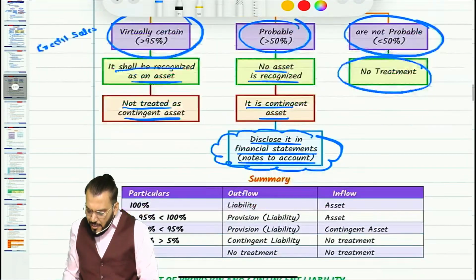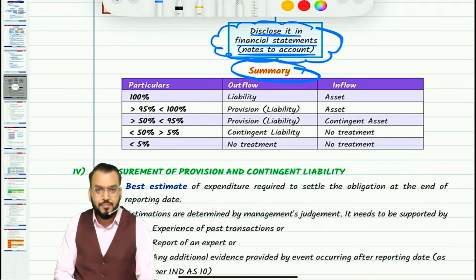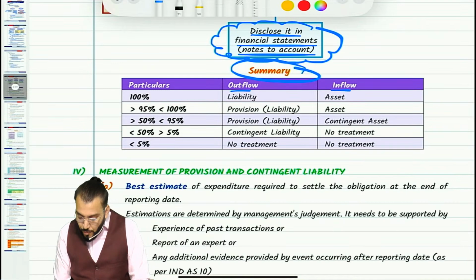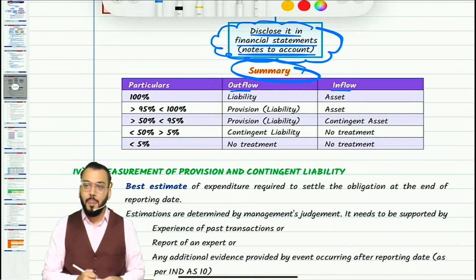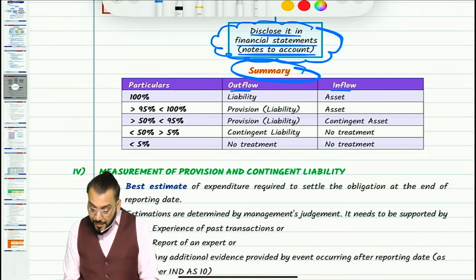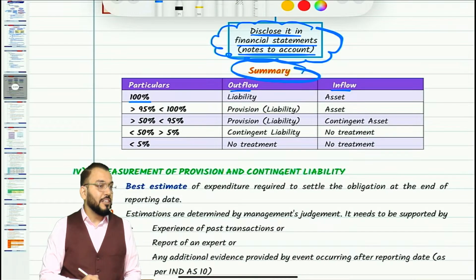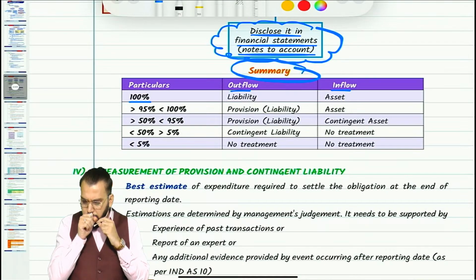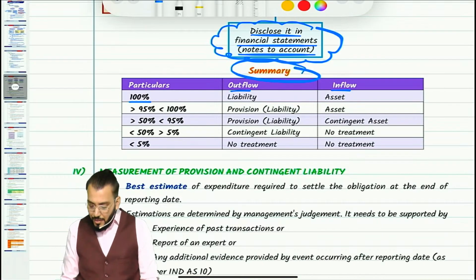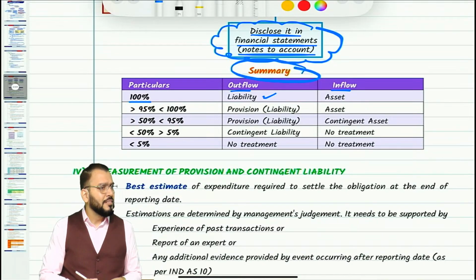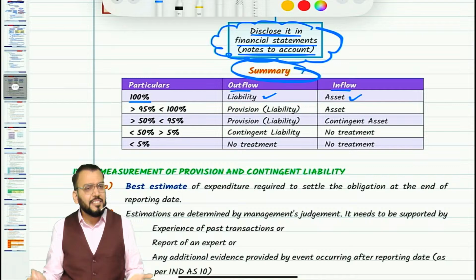Understood? Correct. If I want to give a summary about outflow and inflow, try to understand. If outflow is 100% certain, then it is a liability, correct? But in this case, inflow 100% certain, it is an asset.